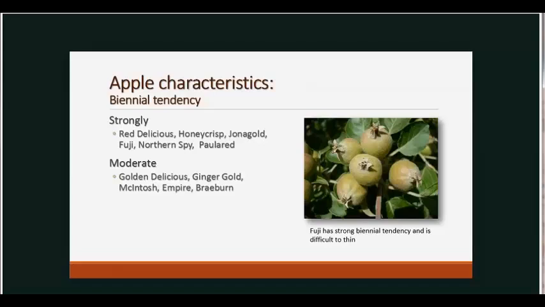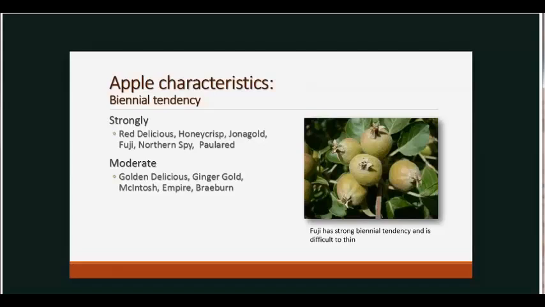When we're talking about commercial growers or someone that relies on a good yield every year, we have to keep in mind that there are some that have a very strong biennial tendency, meaning it is very difficult to break it. And one I have listed here strongly is Red Delicious, Honeycrisp, Jonagold, Fuji, Northern Spy, Paula Red.